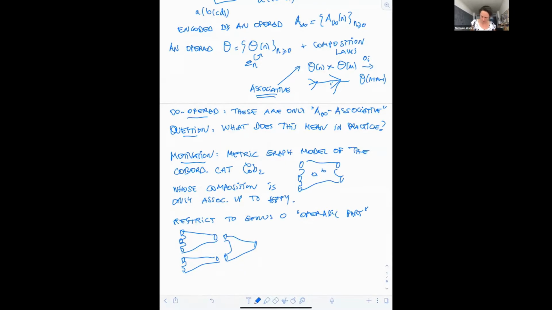This graph model identifies with the category associated to an operad, which is the cactus, normalized cactus, with what is called normalized cacti.